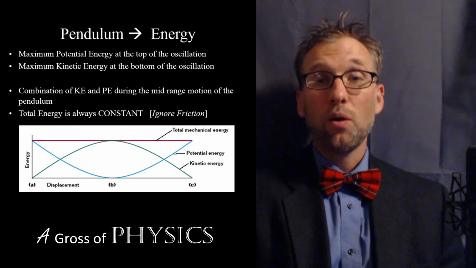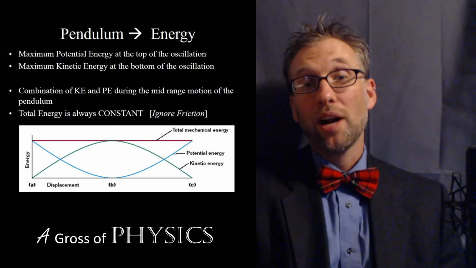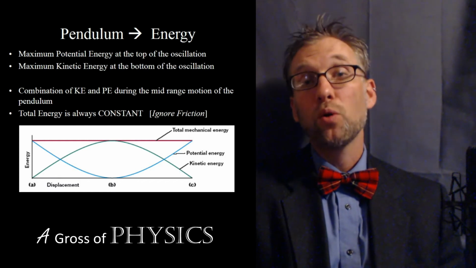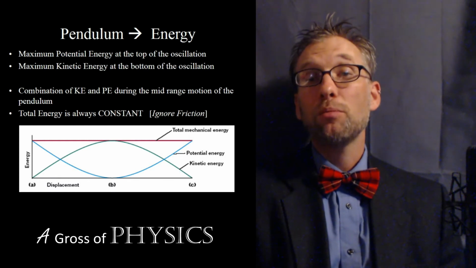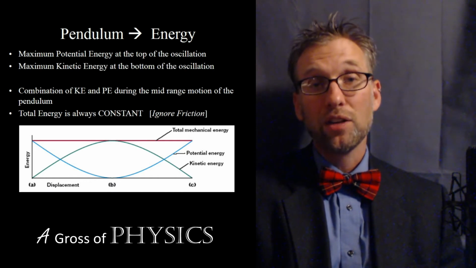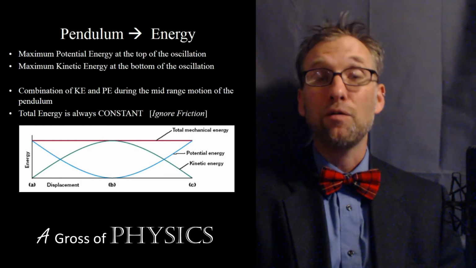Now, the time period is how often it completes one oscillation, or how long it takes to make one oscillation. And we count one oscillation as one back and forth motion of the pendulum. So as the pendulum moves through the air to the left and then to the right, or to the right and then to the left, we would consider one time period to be how long it takes to go back and forth.